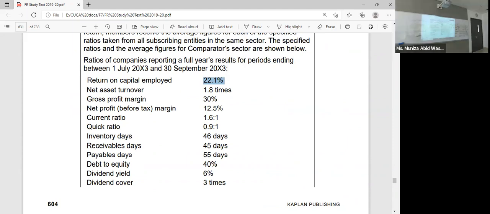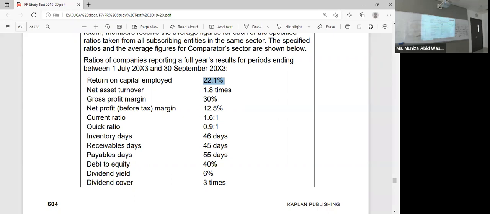Now, as you can see, if this is the correct one which you have calculated, because I'm going to comment on the answers which you are going to calculate, the industrial average of the return on capital employed is only 22.1%, but the ratio which we have calculated for return on capital employed is 53.5%. Why is it so? Because our profit before interest and tax has been very high. Why has it been so high?